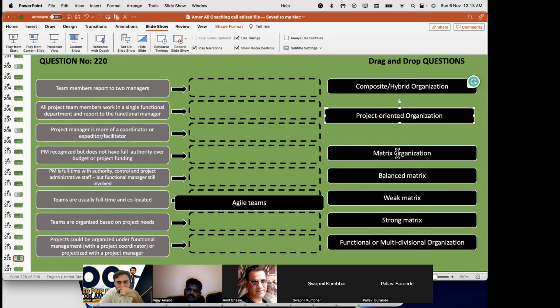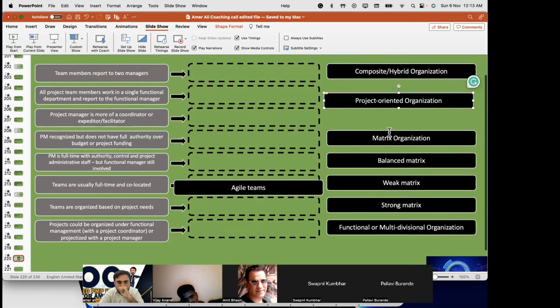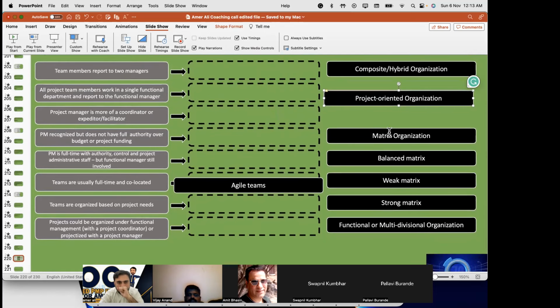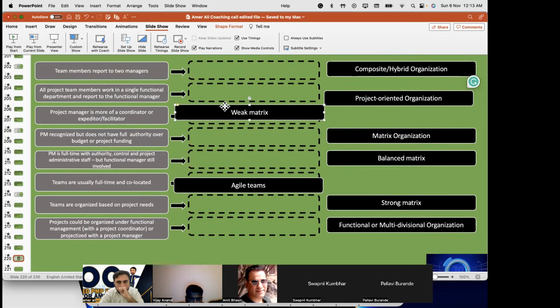Weak matrix: project manager is more of a coordinator or expediter.